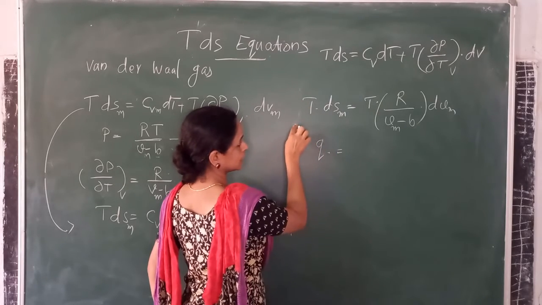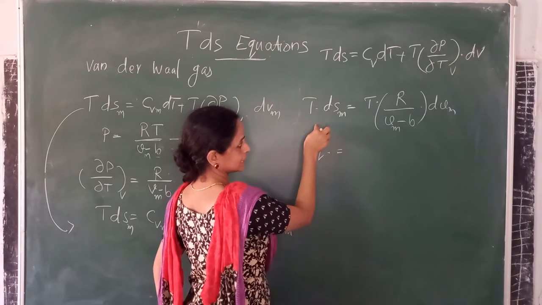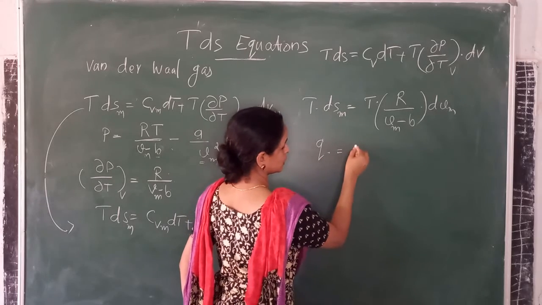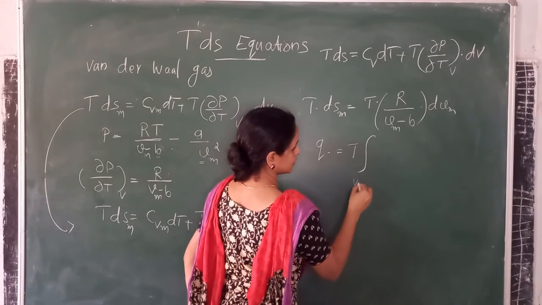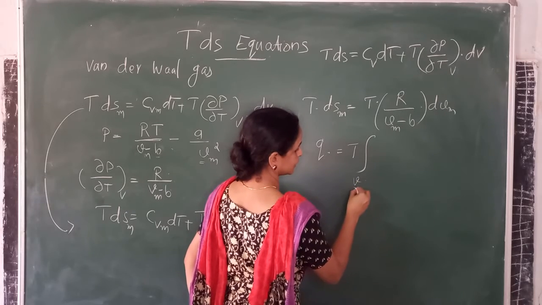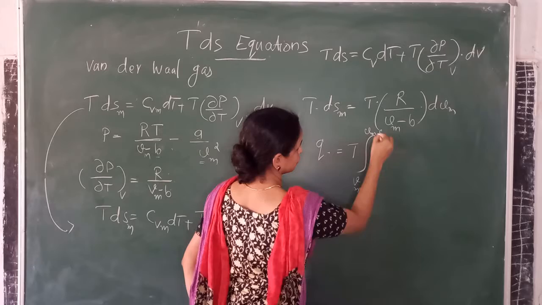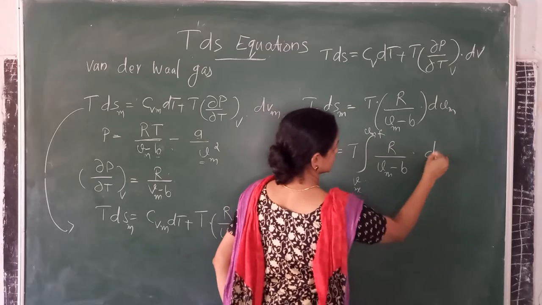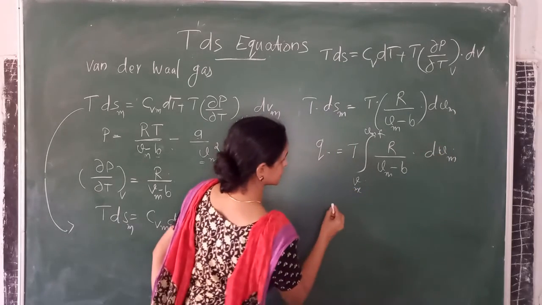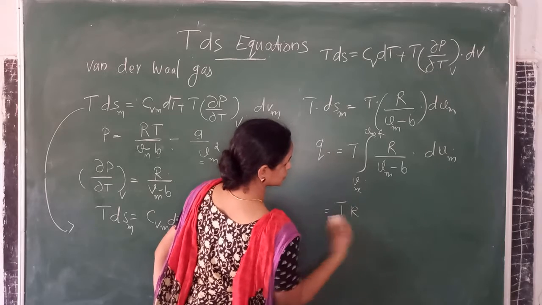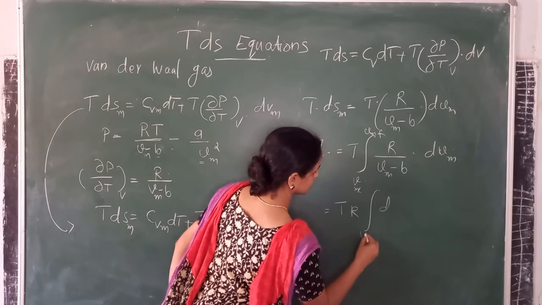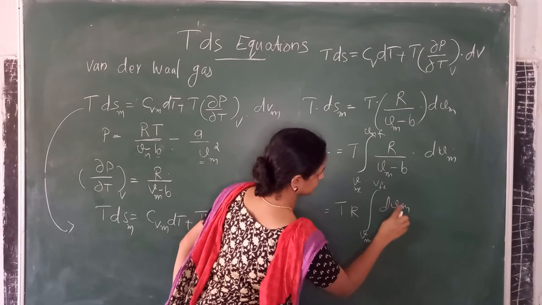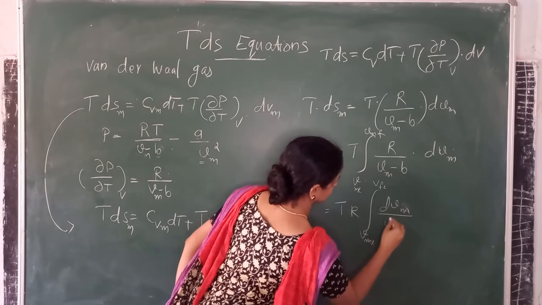Q equals the integral of T dS, which equals T into the integral from some molar volume Vi to some molar volume Vf of R by (V minus b) dV, equal to T R times the integral of dV by (V minus b).